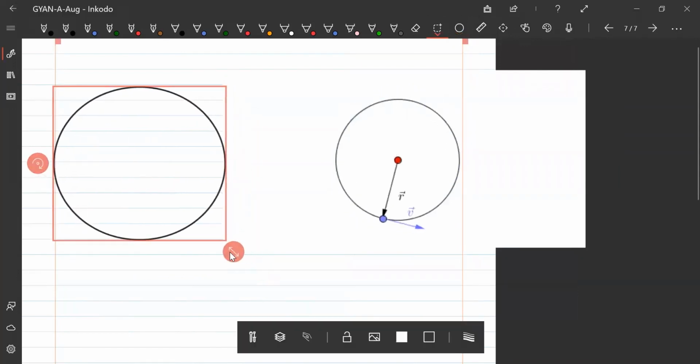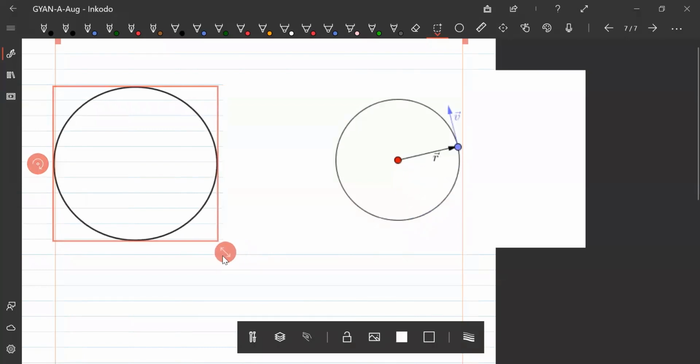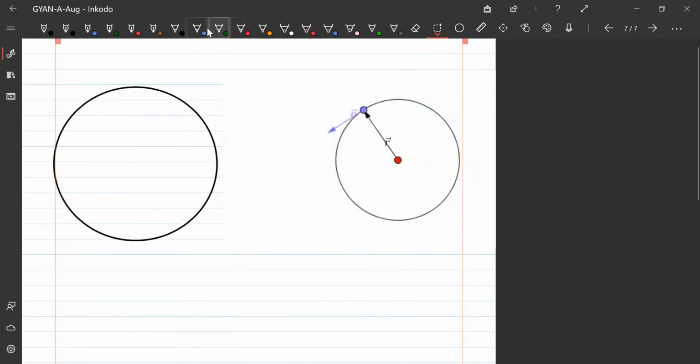Here you can see, as we will now study in vector terms, the r vector is continuously rotating and the velocity vector is continuously changing. So velocity is continuously changing in a circular motion. Let us say you're starting your motion from here.